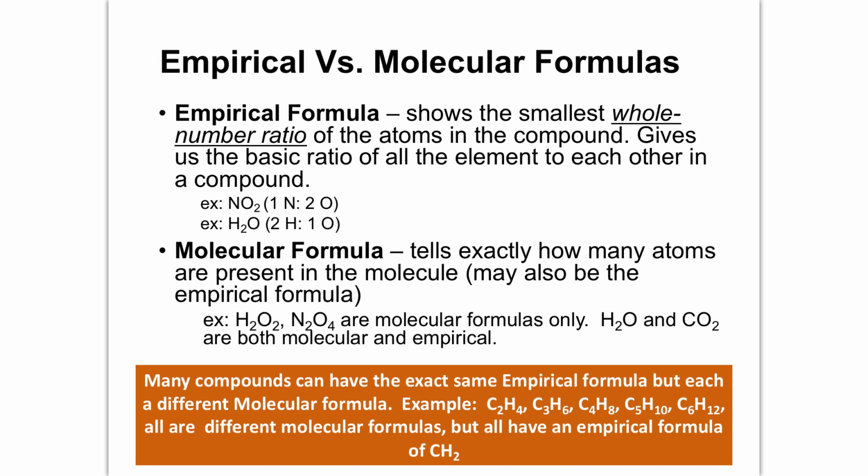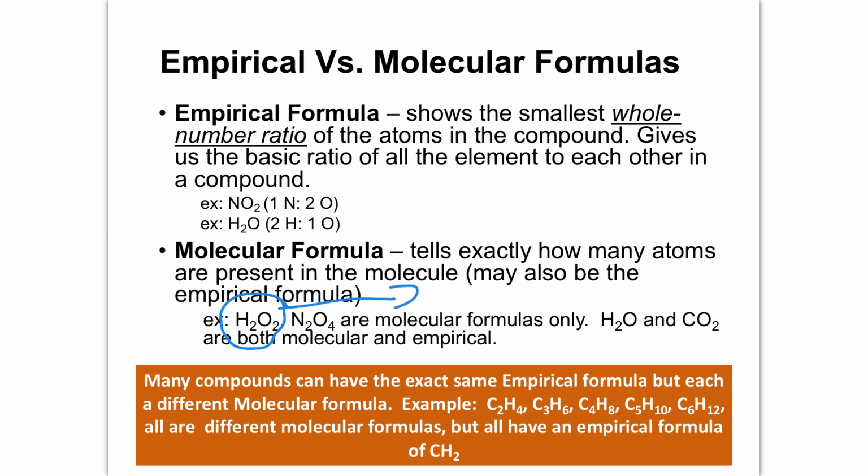The molecular formula will tell you exactly how many atoms are present in the molecule. Now note, the molecular formula can also be the empirical formula, and we'll show that in a minute. So let's look at these two examples right here, H2O2 and N2O4. Can we further reduce H2O2 to a smaller whole number ratio?